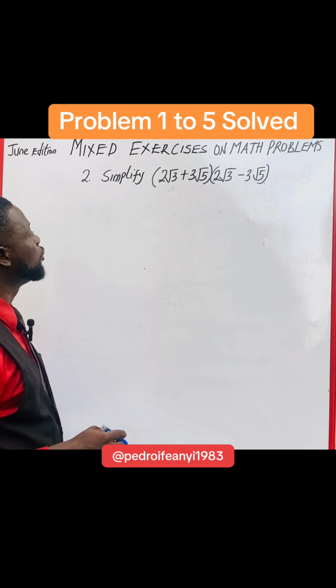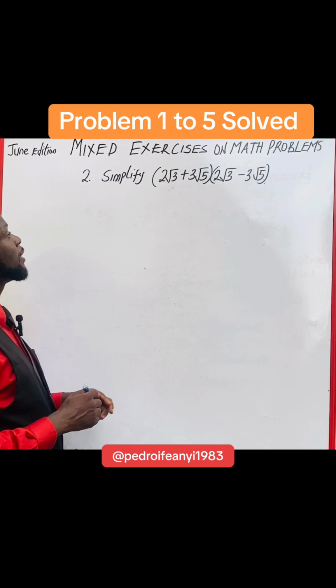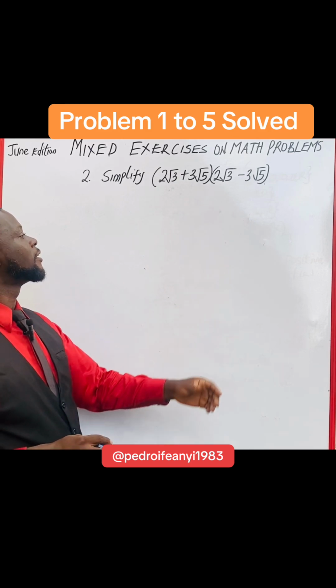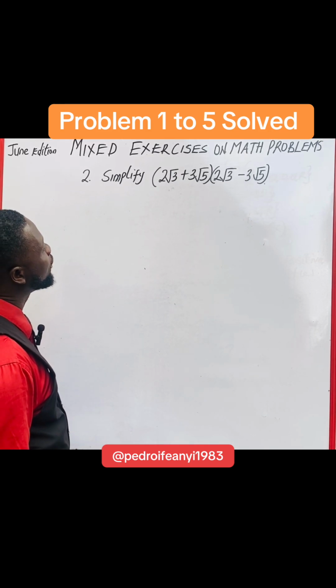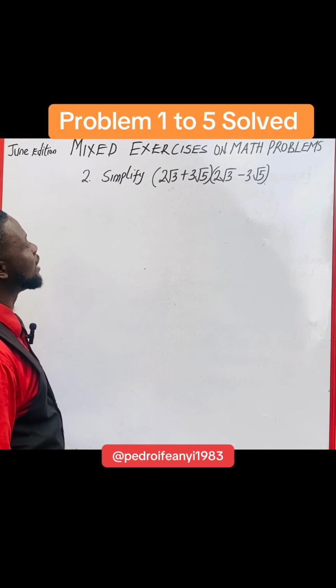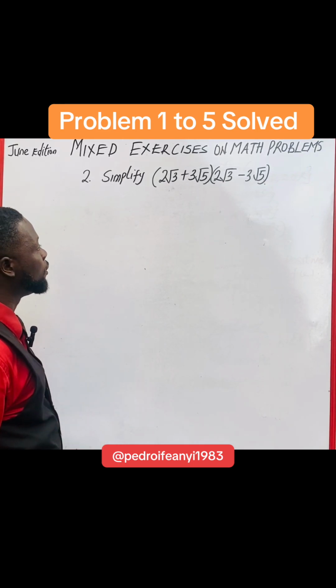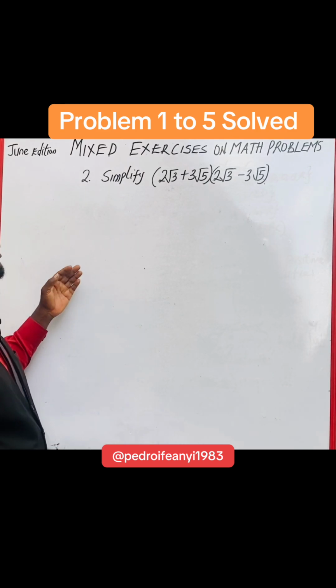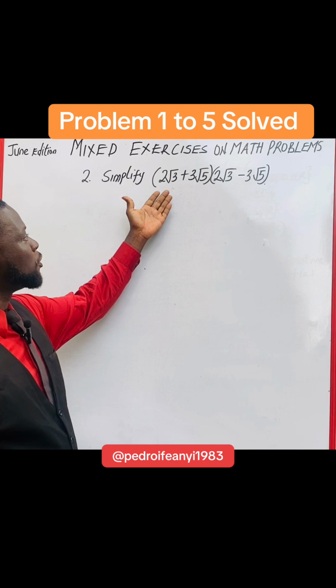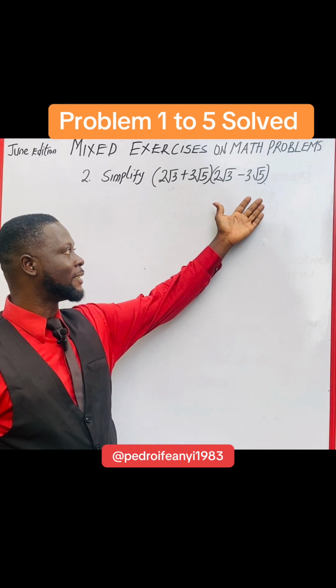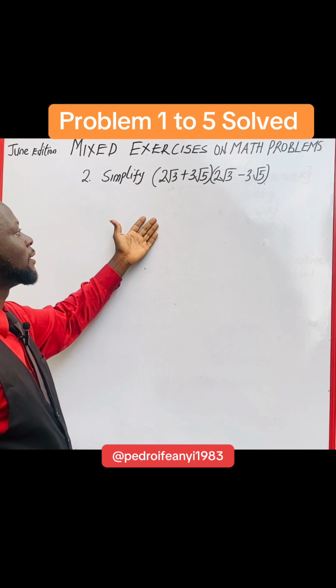All right, let's check question 2. The question says simplify this expression: 2 root 3 plus 3 root 5 and 2 root 3 minus 3 root 5, the product of the two. So the normal procedure is to expand it.